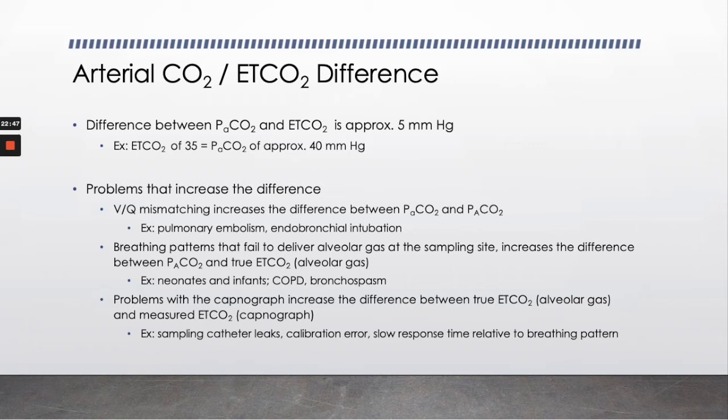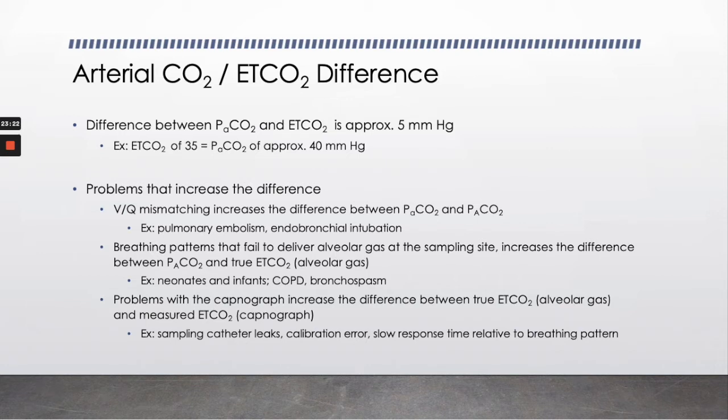With rapid respiratory rates, patients may not completely exhale. The alveolar sample needs to be delivered to the sampling site, and it needs to remain there long enough to be measured. If the patient is breathing so fast or not completely exhaling, like with a bronchospasm or COPD, the alveolar sample isn't making it to the sampling site and remaining there long enough to be measured. So that can increase the difference.